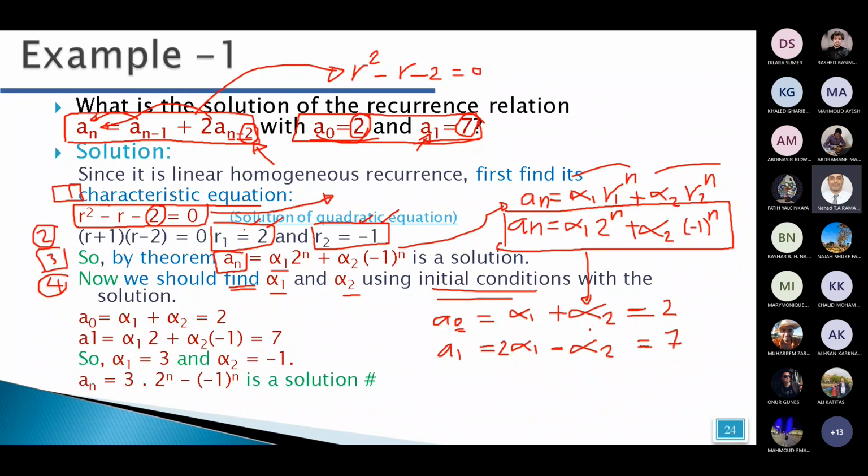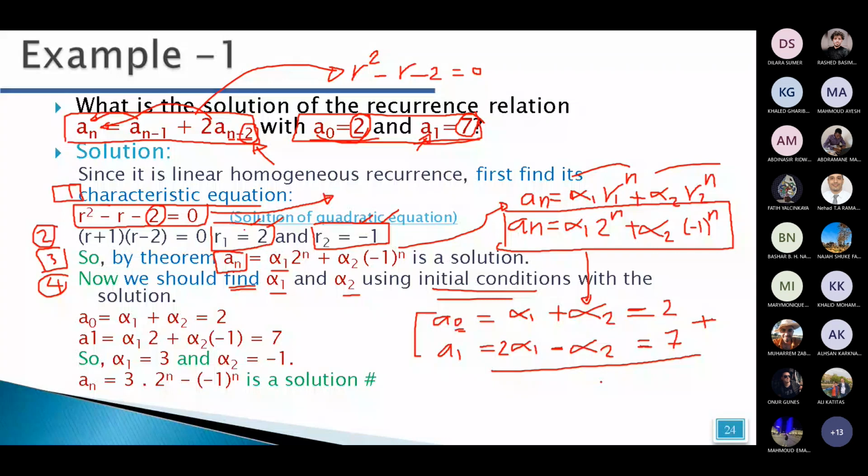You can solve these two equations very easily to get alpha 1 and alpha 2. You have many ways to solve it. First way, you keep alpha 1 here and send alpha 2 there, then put instead of alpha 1 its value from the first equation. Second, you can make summation or minus between these two equations. I will make summation.